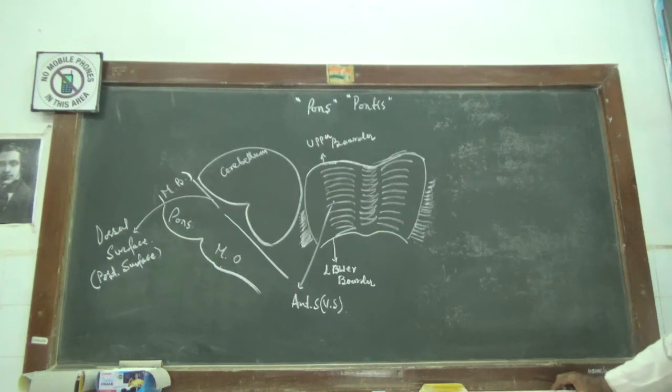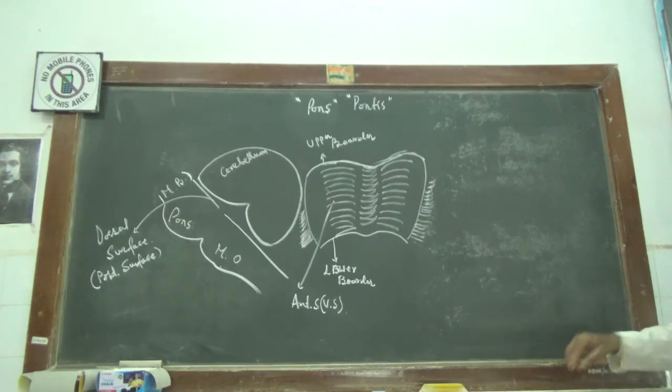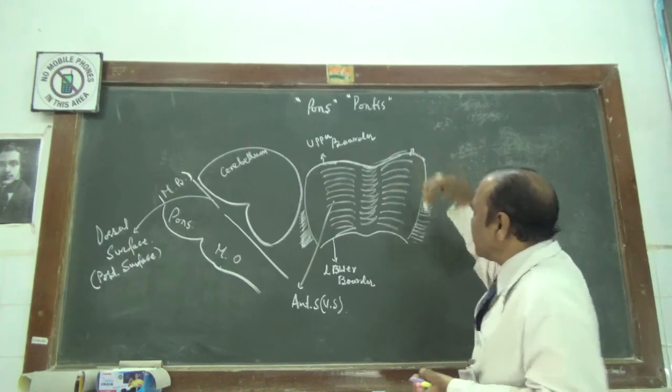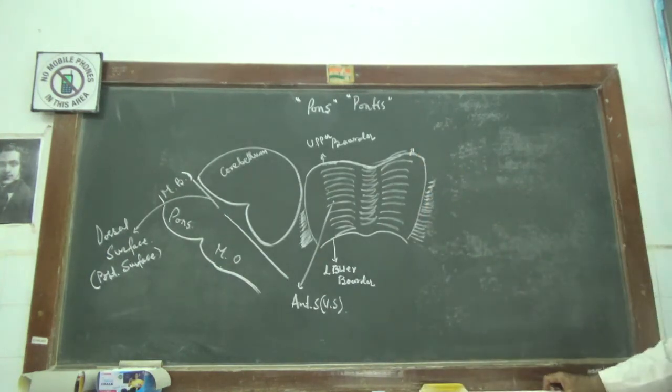Not only in the posterior cranial fossa, but a part of it is also very close to the middle cranial fossa, a very small part, that too very close to the upper border of the pons.